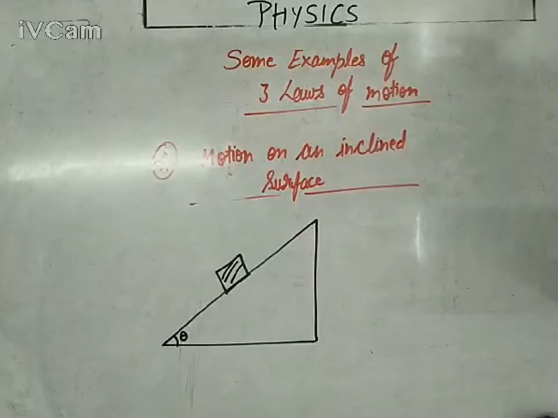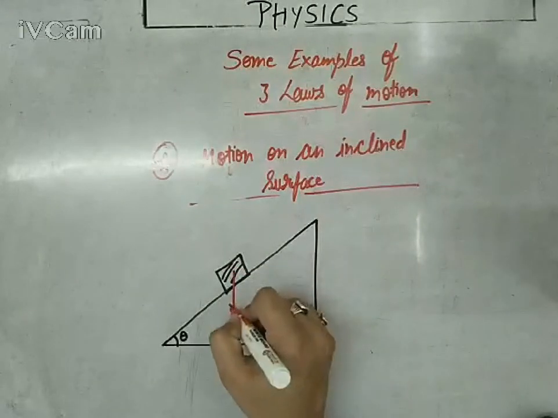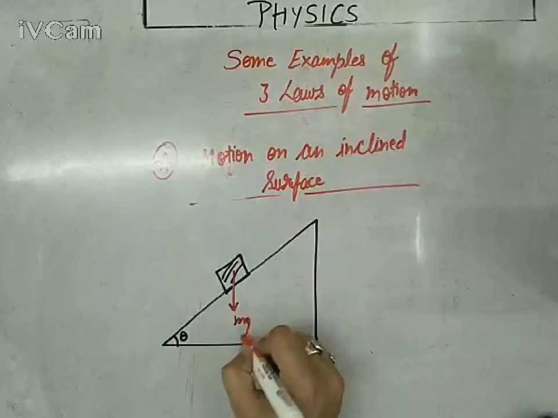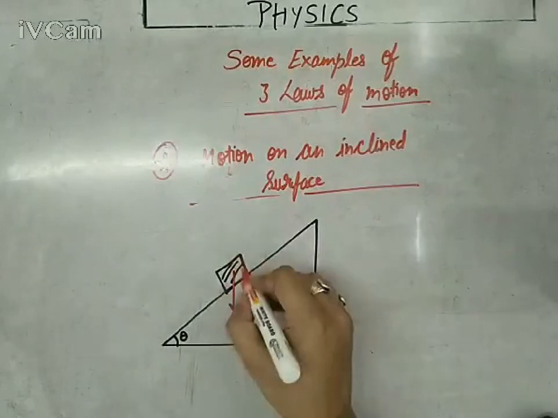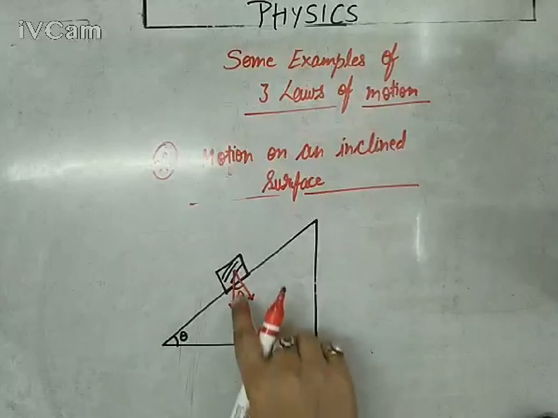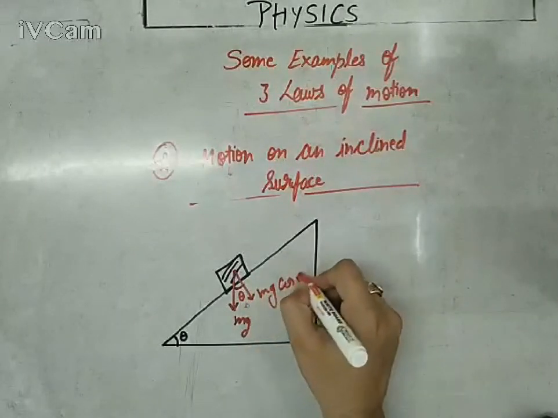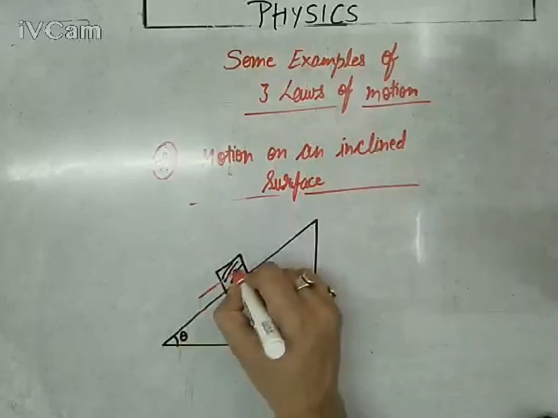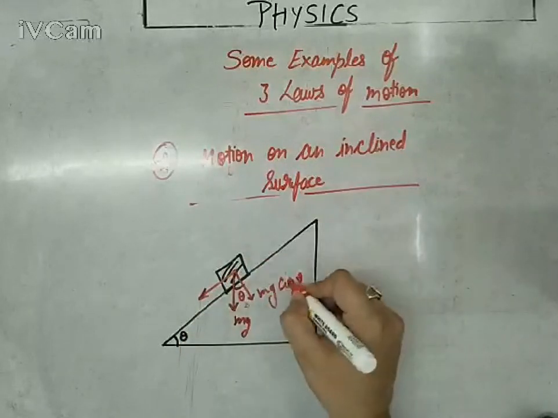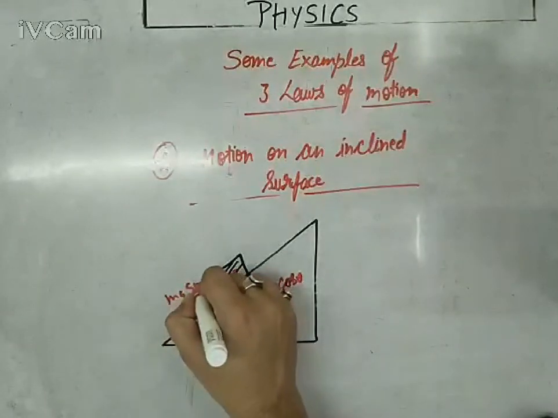So let's represent all possible forces, meaning we are going for a free body diagram. The weight of the body is mg, the compression component of the body, this angle will also be theta, we have discussed it already, is mg cos theta, and the component which is responsible for the downward motion of the body is mg sin theta.